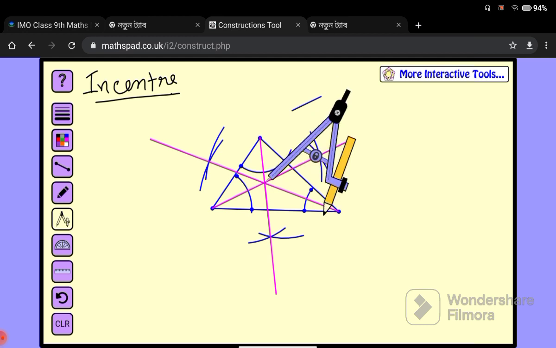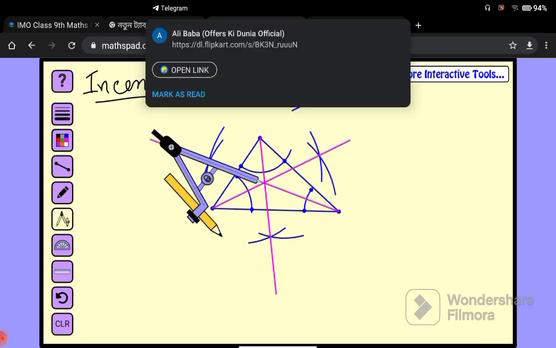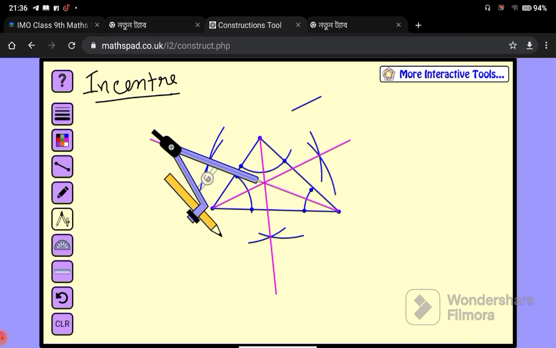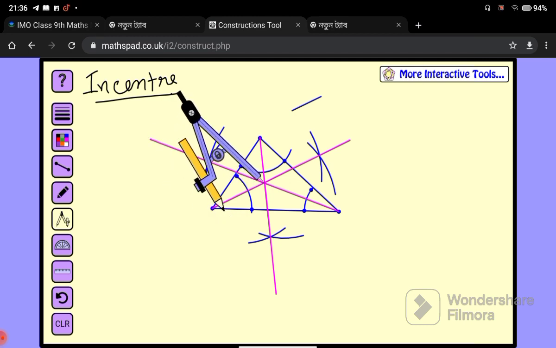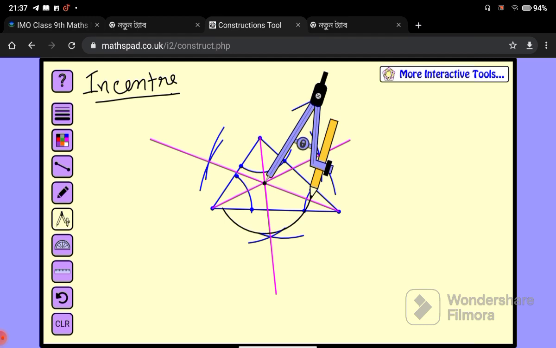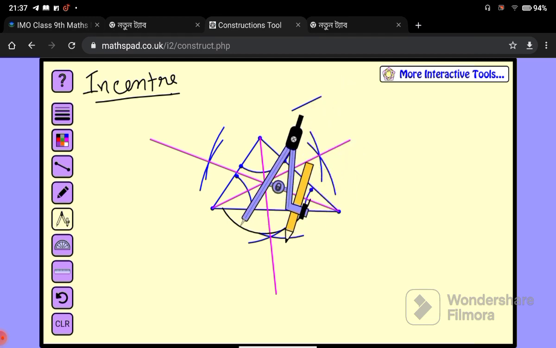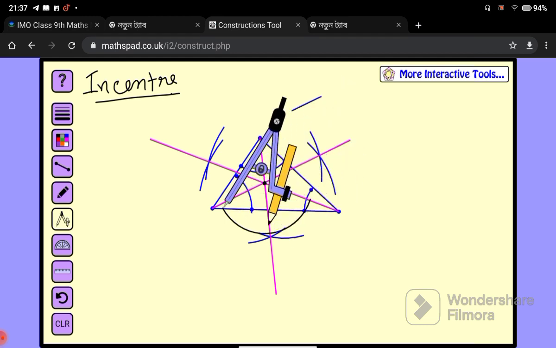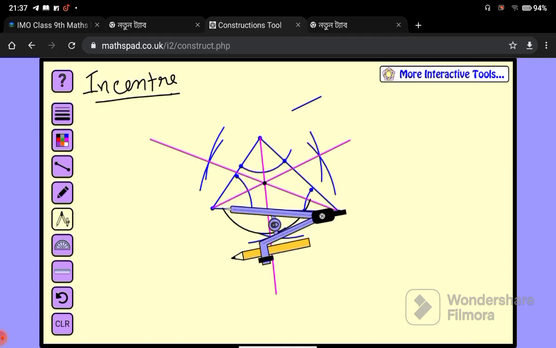Right, I think now it will be clearly visible. Yes, so any measure you take and draw an arc which will divide these two sides, this side. Okay, any other side you can also take and draw this one.